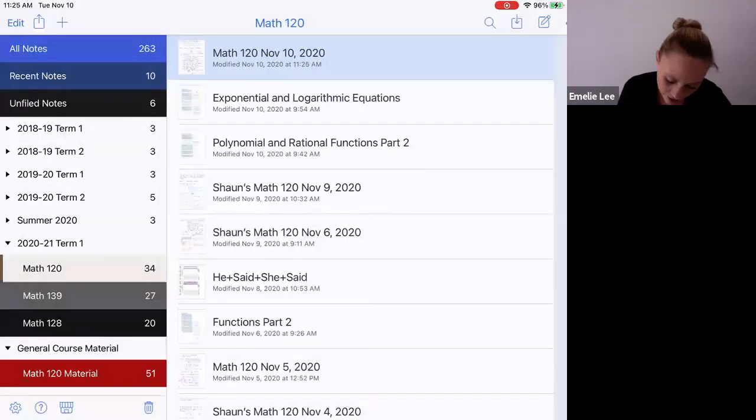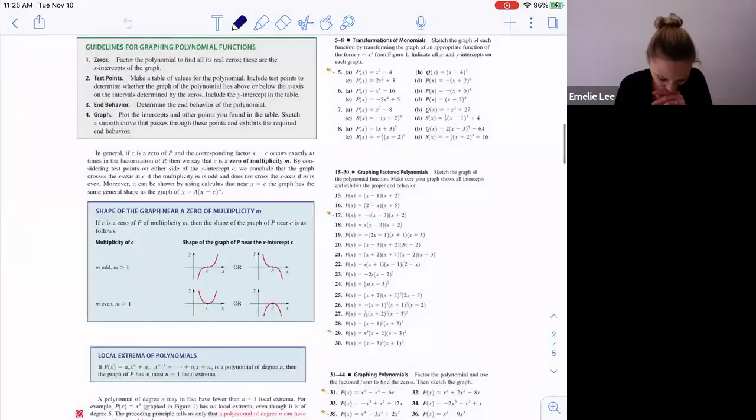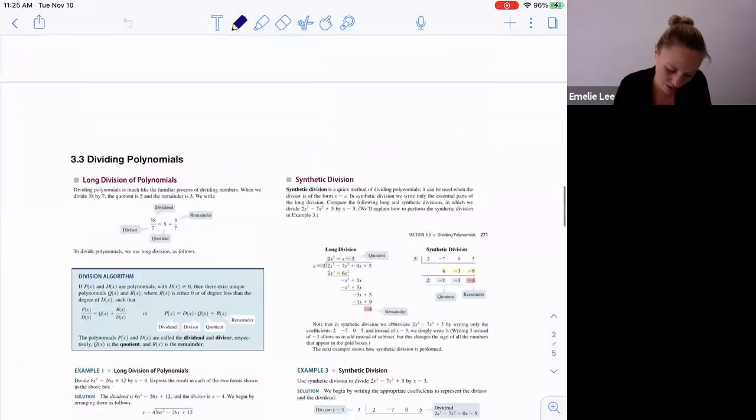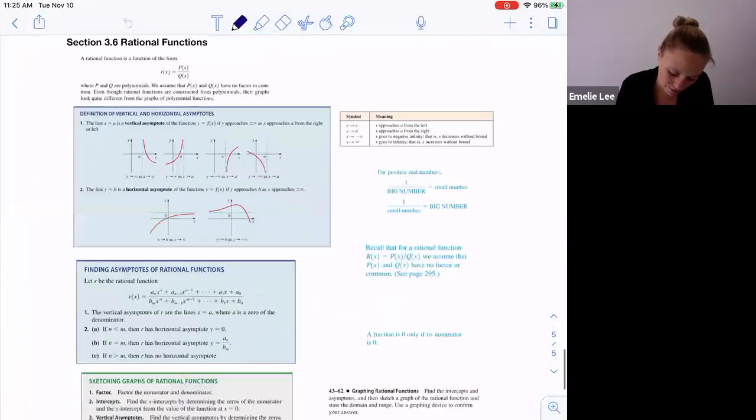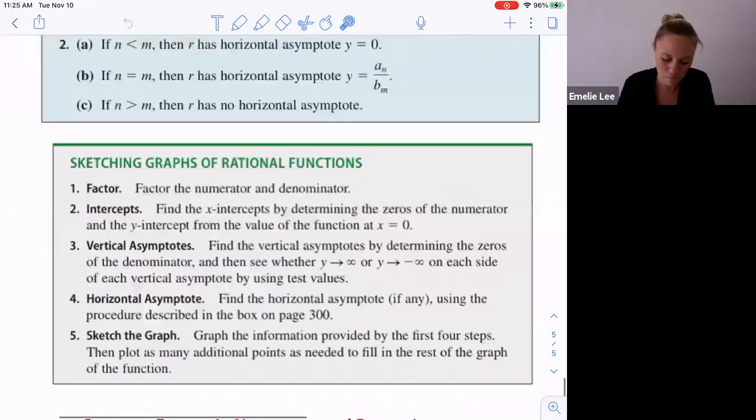Remember, you have these notes in your section 3.6 notes. The steps I'm going through are sketching graphs of rational functions: we factor, we find the intercepts, we find the vertical asymptotes, the horizontal asymptotes, and then we sketch it.